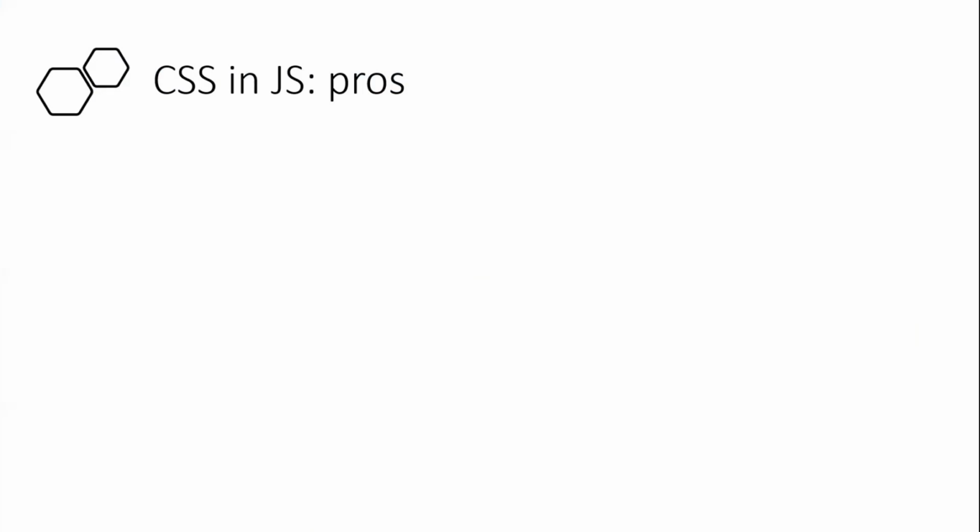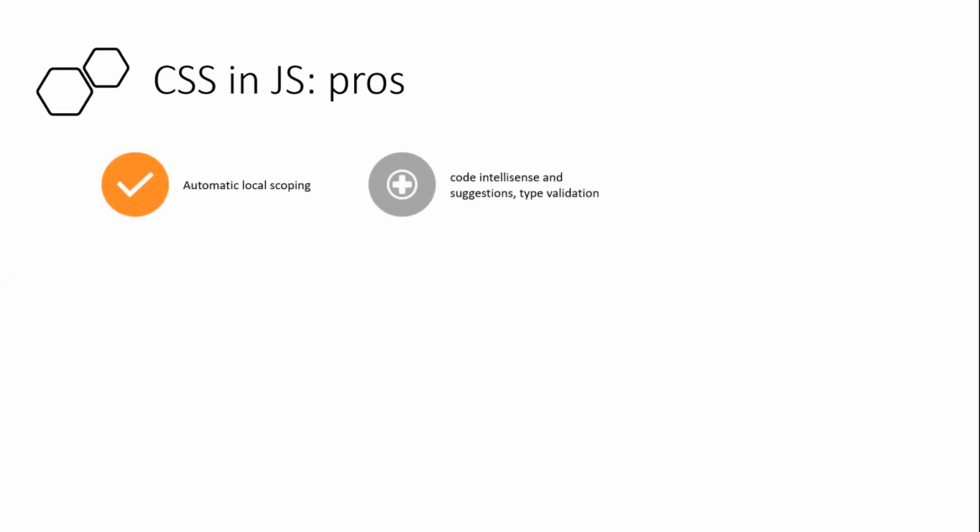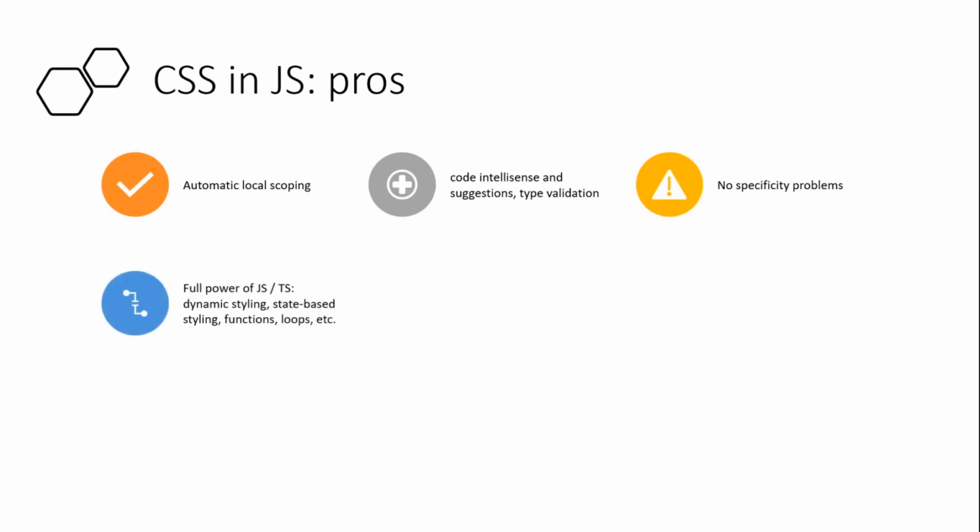Yeah, and when it comes to pros of this new modern approach, with CSS in JS, you receive automatic local scoping, also code intelligence and suggestions. You do not have these problems with specificity. Additionally, and I think it's quite a powerful feature, you can use all language possibilities of JavaScript or TypeScript to use state-based, for example, styling or just some kind of dynamic styling.